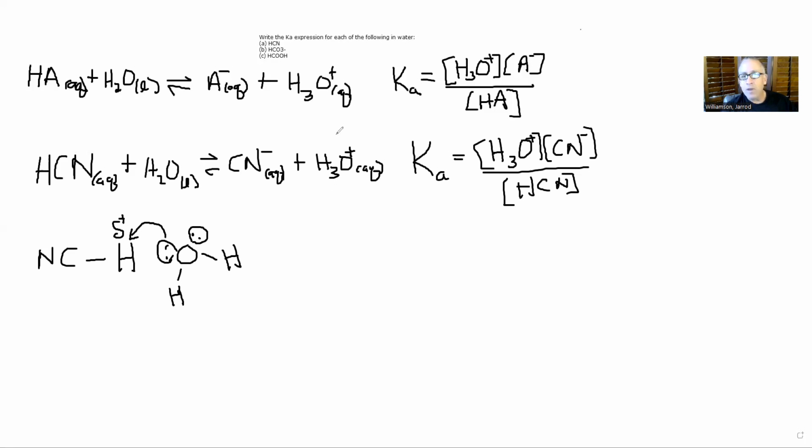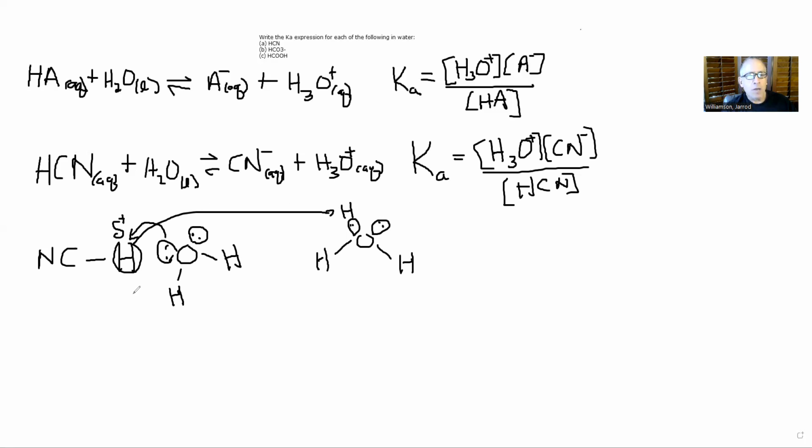So what we end up with, if I expand this a little bit, is this lone pair of electrons, dot, dot, lone pair of electrons, dot, dot, and I would have that H right there.